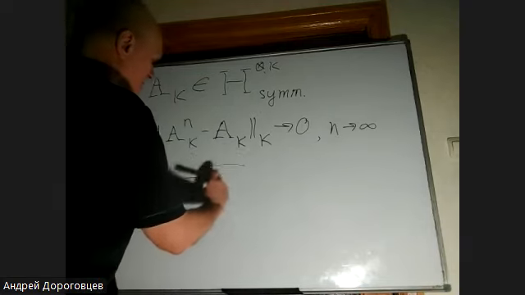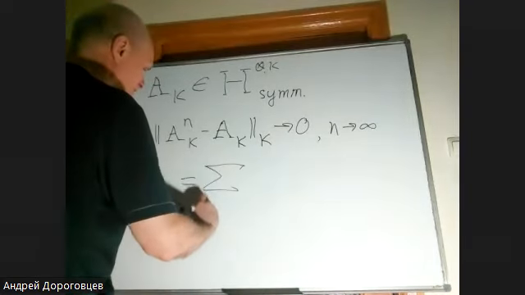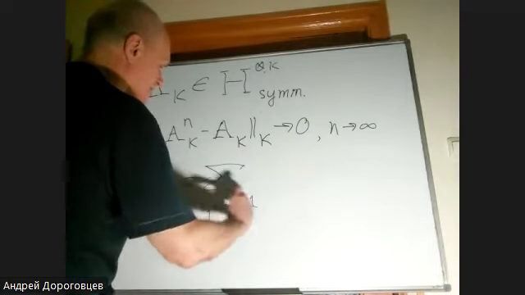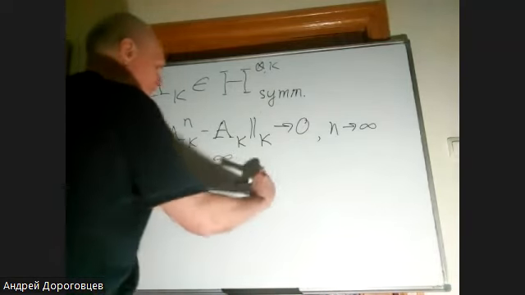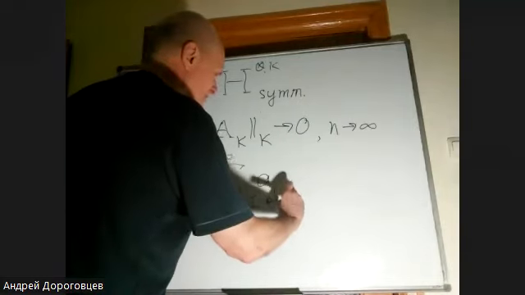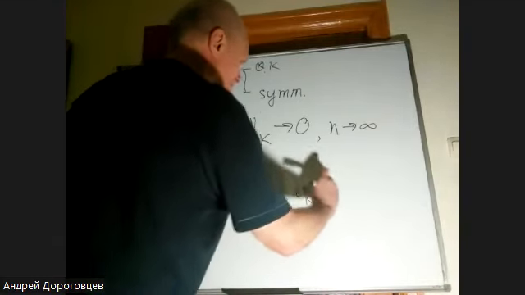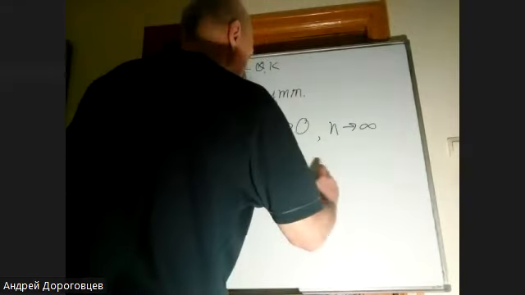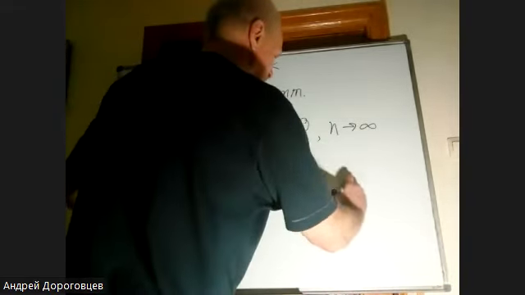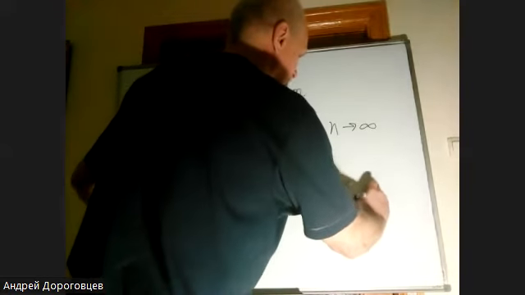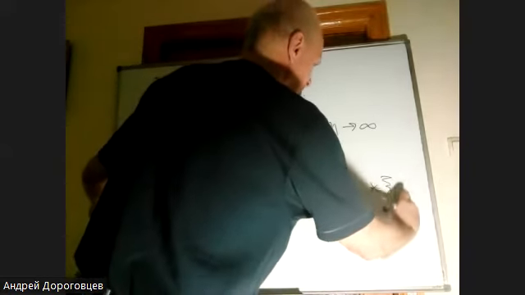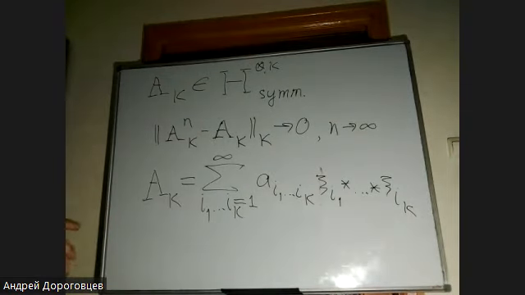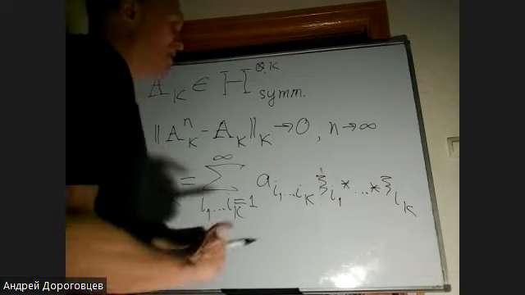This is a sum over e_1...e_k equal 1 to infinity of a_{e_1...e_k} times psi_{e_1} through psi_{e_k}. We already use this notation, and it means the Wick product.